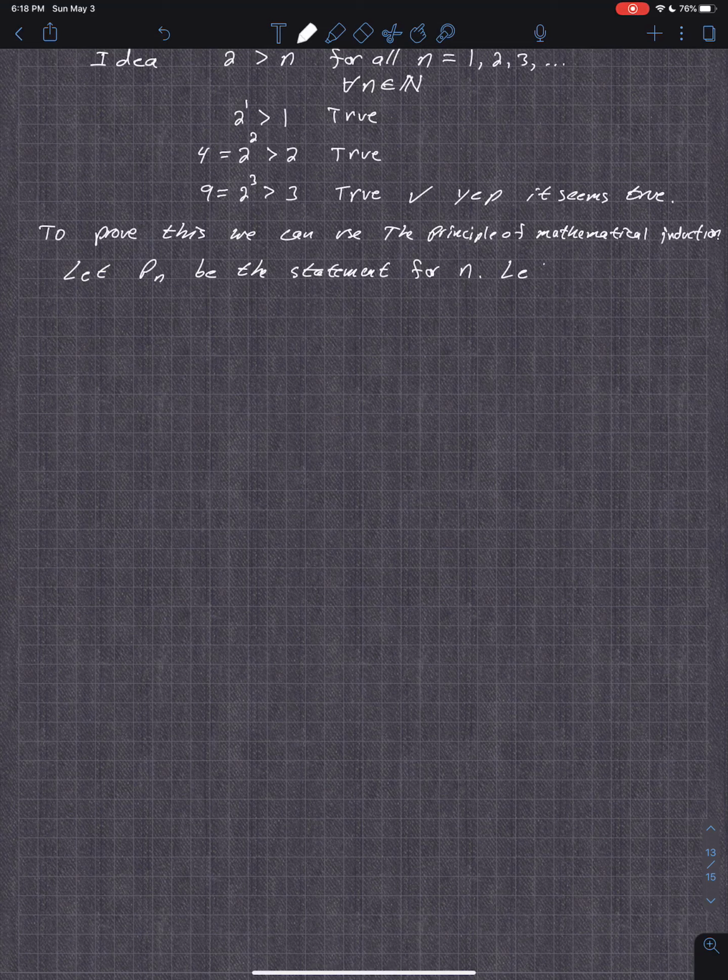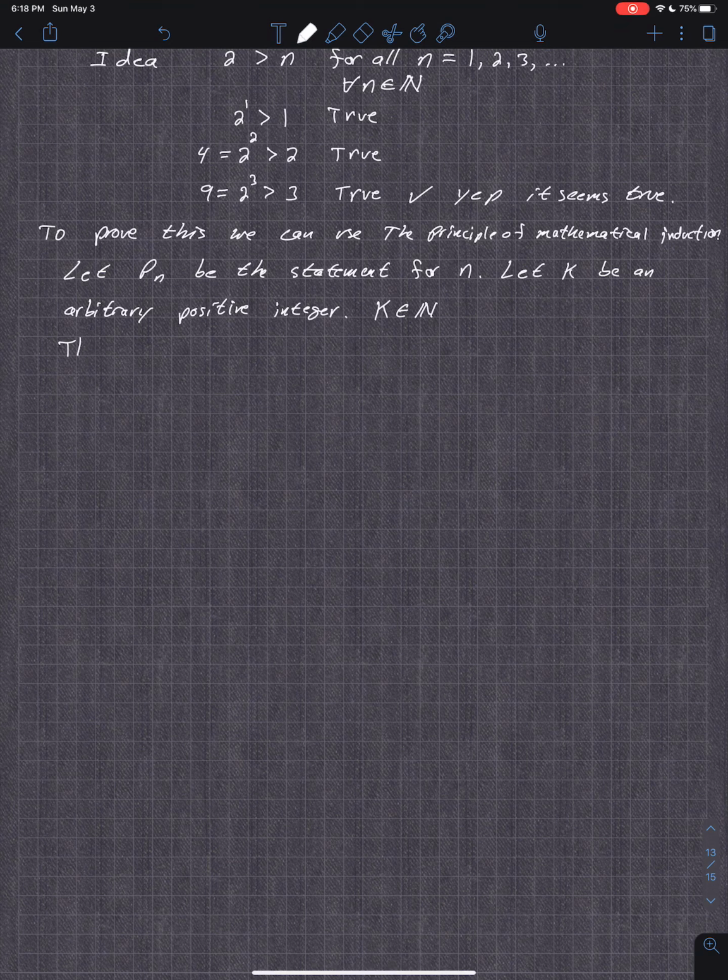And then we're going to say let k be an arbitrary positive integer. So it's like saying k is in the naturals, but we're not saying it's all of them. It's just some value in the naturals.